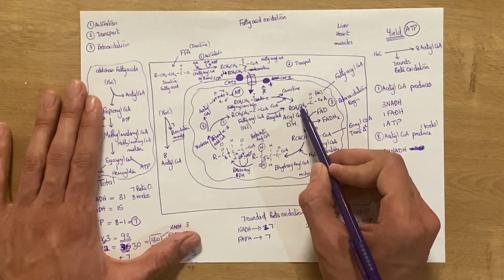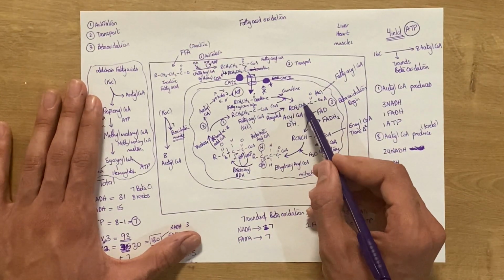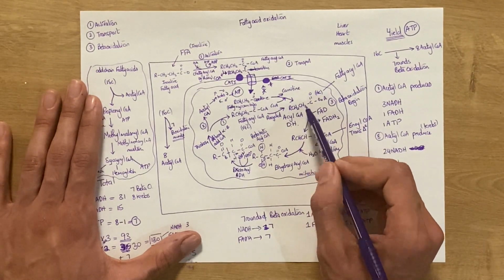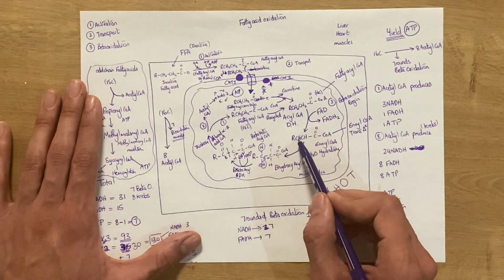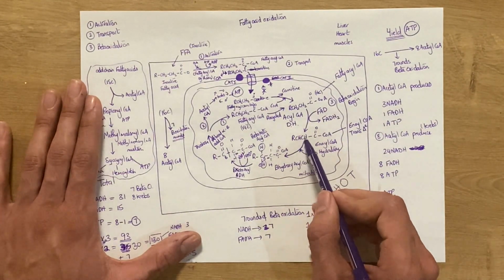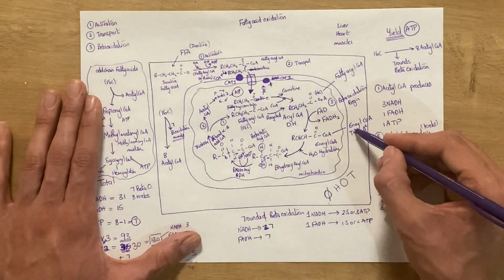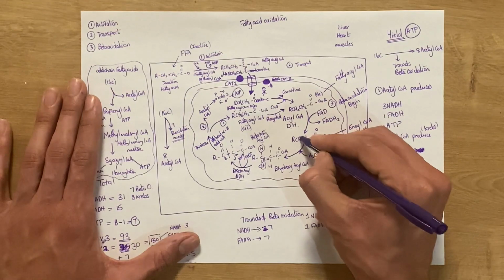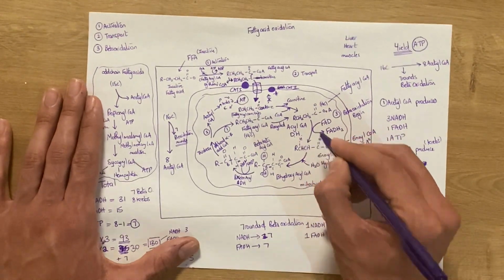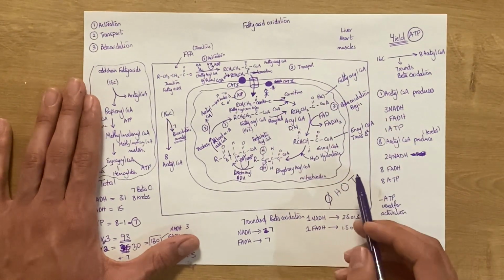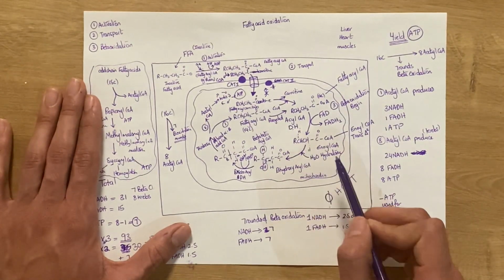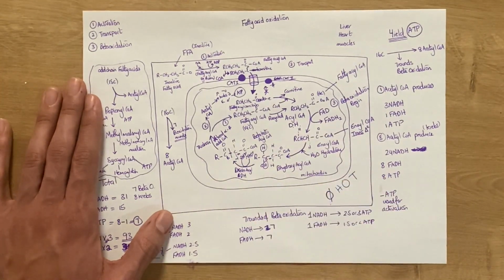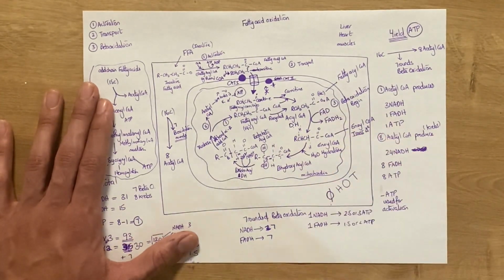Carbon number 1, carbon alpha, carbon beta. We take one H from each, two H's, and now a double bond is formed between the alpha and beta carbons. This product is called enoyl CoA trans, because the H's are found on opposite sides, that's why trans. Delta 2 is because it's between the alpha and the beta. So trans delta 2 enoyl CoA.